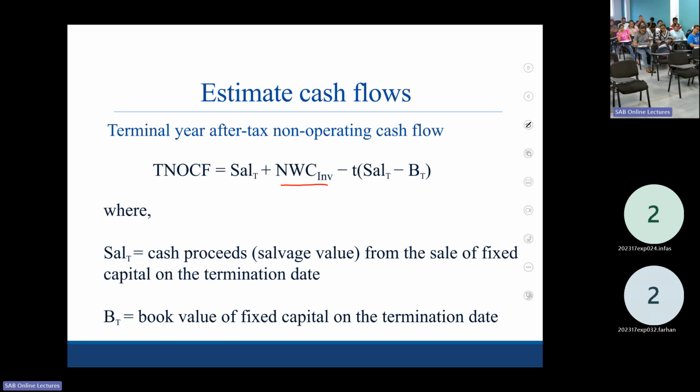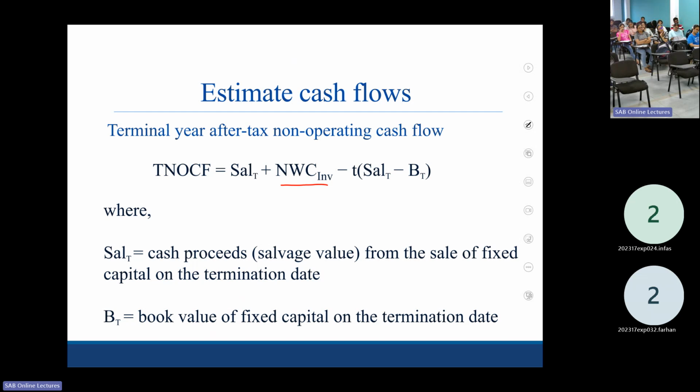At the terminal year, when you finish the project, there is no more requirement of the current assets, so you have to release it, because now the project is over.